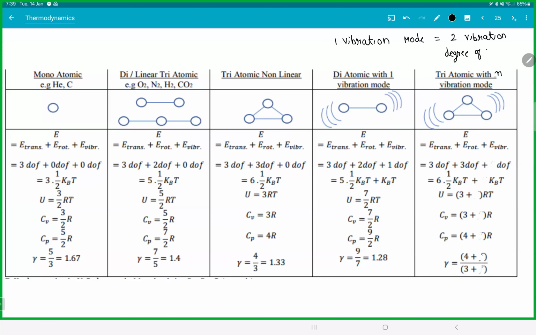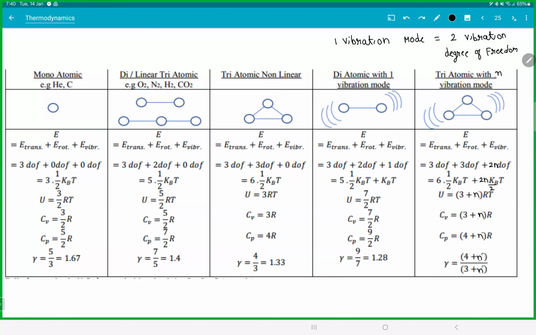We did discuss this in KTG. So this will be 2n, and each degree of freedom will have half kBT. So this becomes 3 plus n, n, n, n, and n. That was a PYQ. They said a triatomic gas has 2 vibrational modes. Find gamma. So for a triatomic, you have 3 translation, 3 rotation, and 2 vibrational modes, meaning 4 degrees of freedom for vibration.